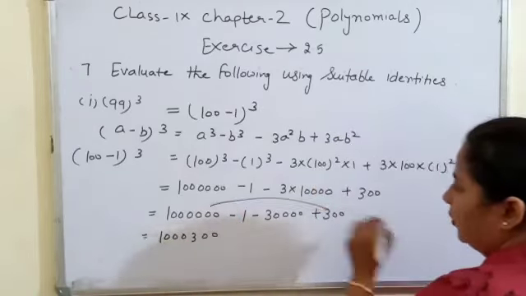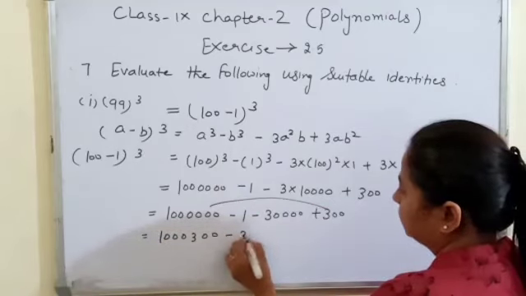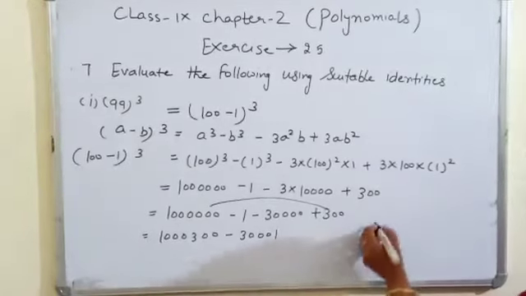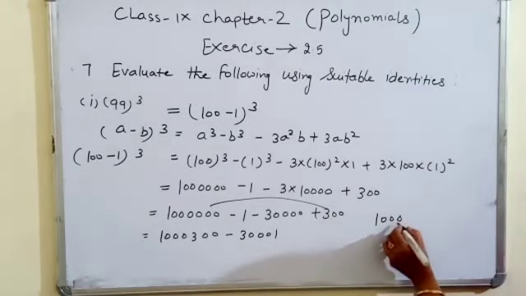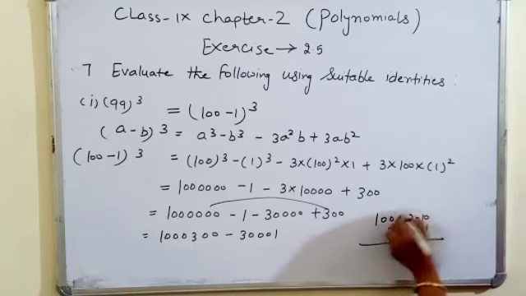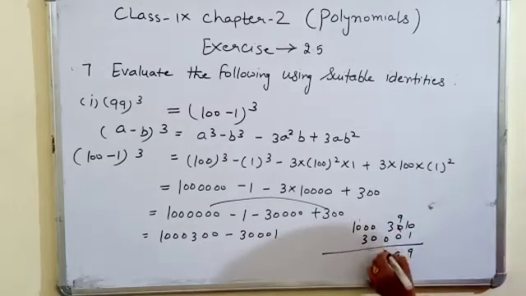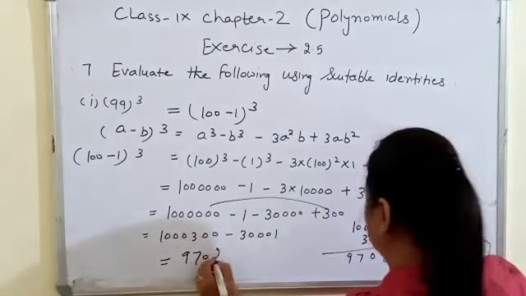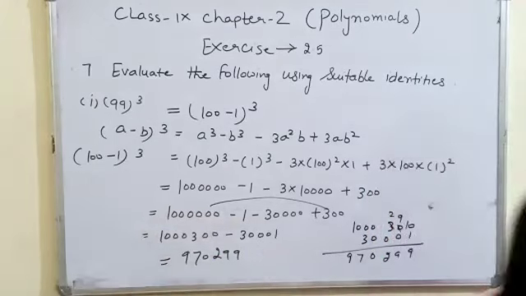Now select the positive values and the negative ones. So subtract. Minus 1 is carried. 9, 2, 0, 7. So the result is 970299. Now this was the result for part 1.